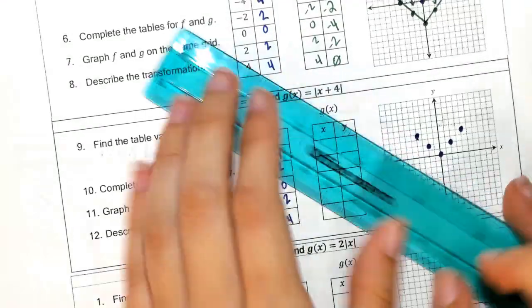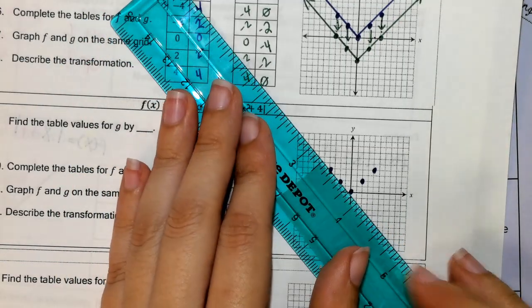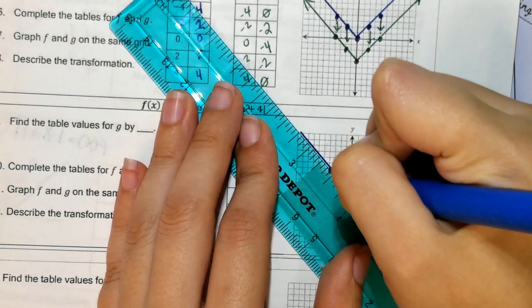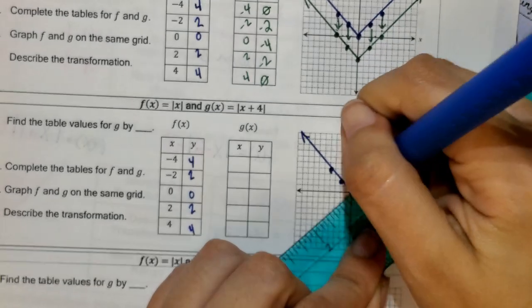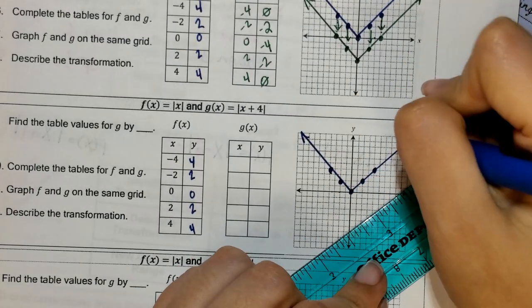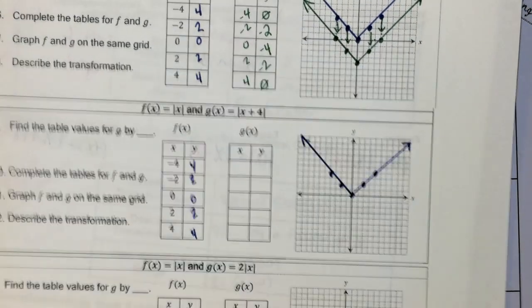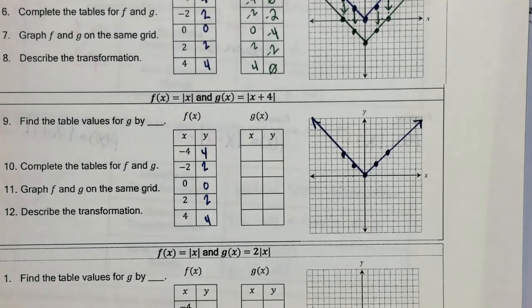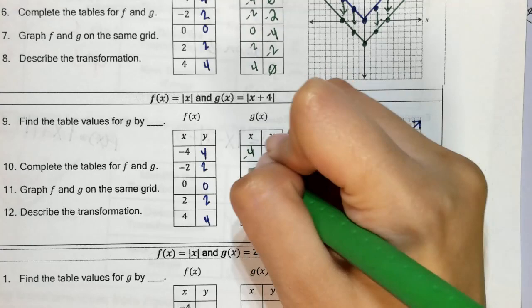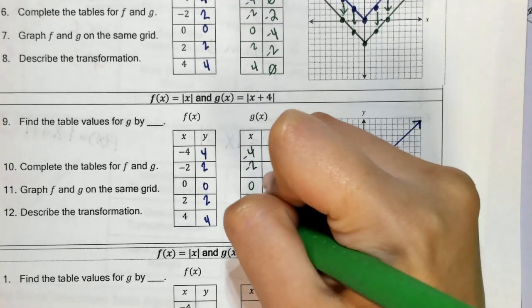So here's my regular parent function, absolute value of x, where I'm extending my lines all the way, not just stopping at my last point. And I'm going to use the exact same points: -4, -2, 0, 2, and 4.